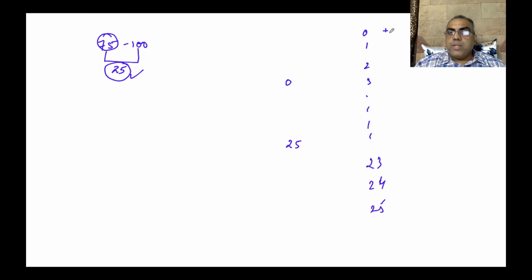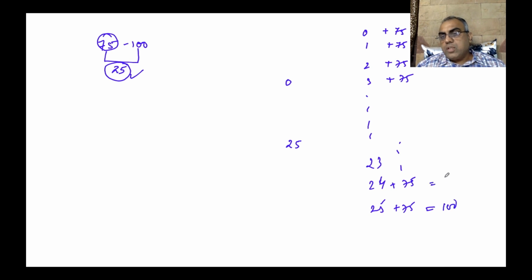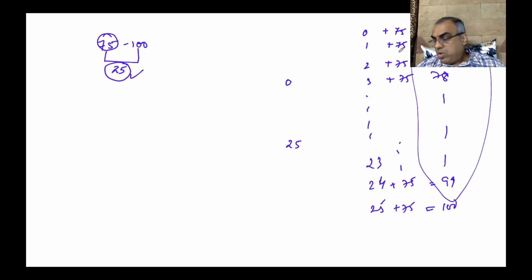So if I say plus 75 in all cases, this is 100, this is 99, and this is of course 75, 76, 77, 78, and so on. So what you see is the numbers between one and another.